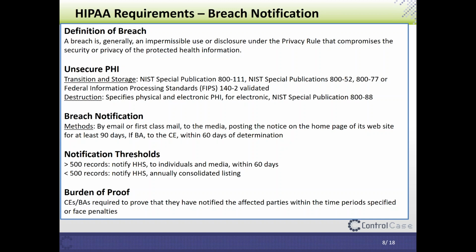HIPAA does require that the notifications be made quickly, in the right manner, and to the right agencies. It also has thresholds, so if it's more or less than 500 records, the way you notify could be different.